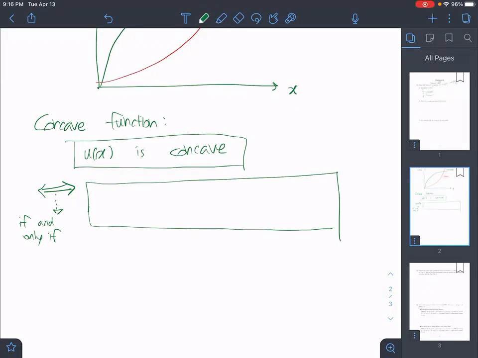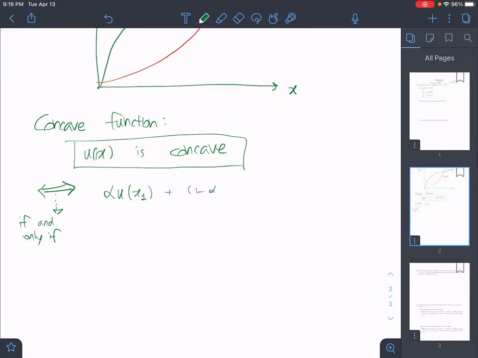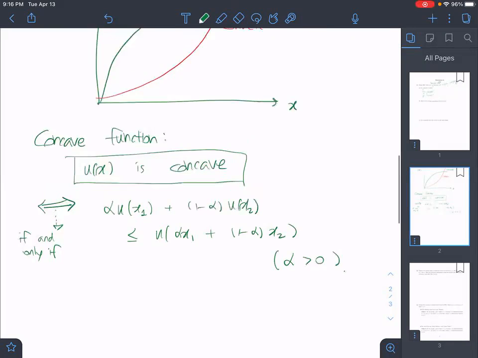So it works in both directions. U is concave when alpha U(x1) plus 1 minus alpha U(x2) is smaller than or equal to U(alpha x1 plus 1 minus alpha x2), and assume that alpha is a positive number. This is the definition of a concave function.